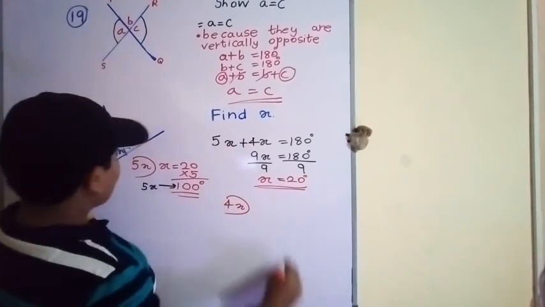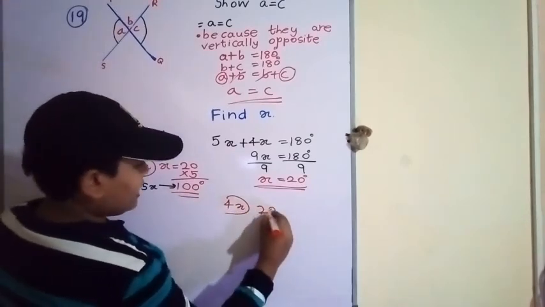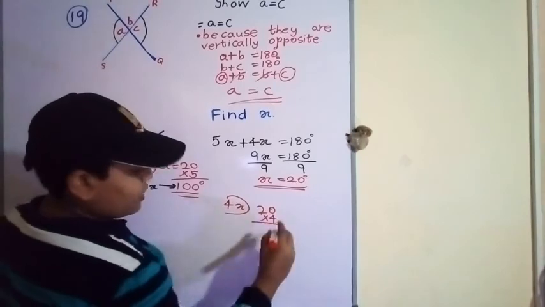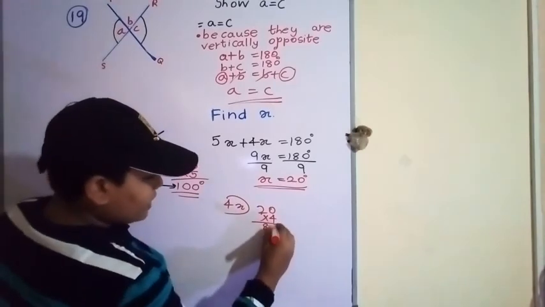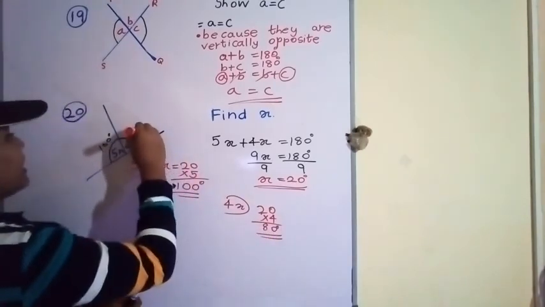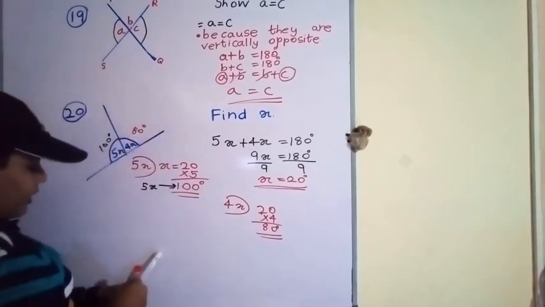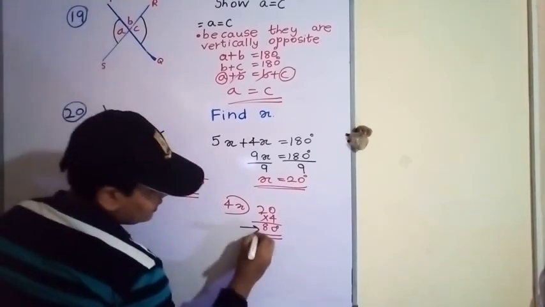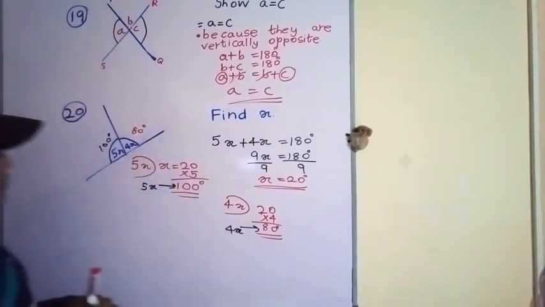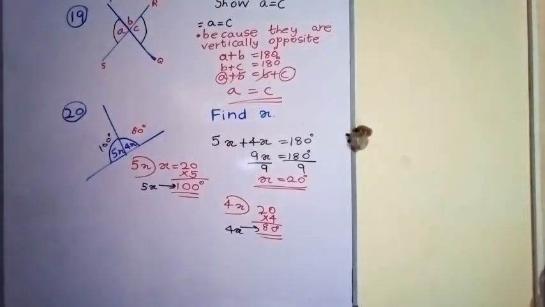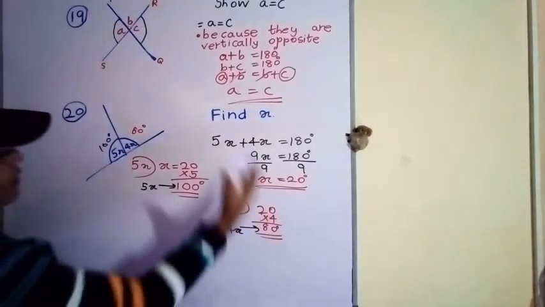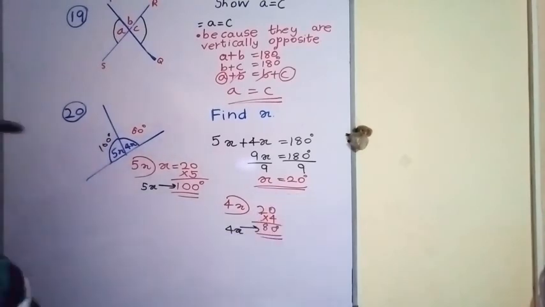Right? 4x means 20 multiplied by 4, because x is 20. Now you have 80 degrees. This is 80. Now what is the 80? 4x. You want to find x only. X is 20. These are the extra ones, right?